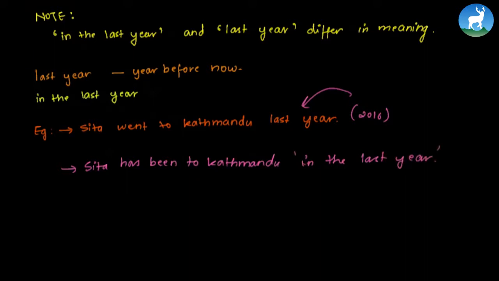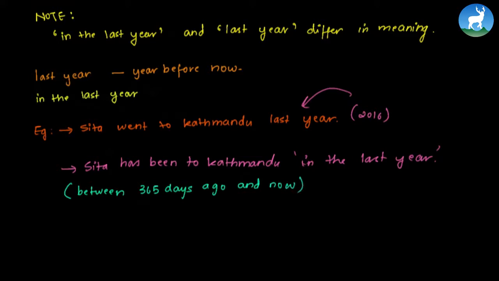It means Sita has been to Kathmandu at least once at some point between 365 days ago and now.